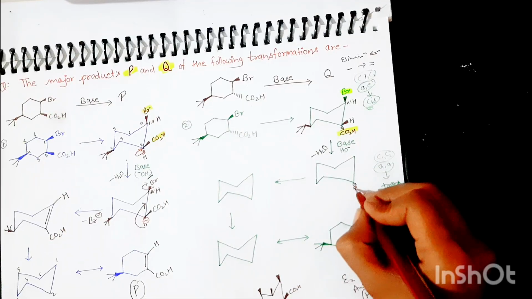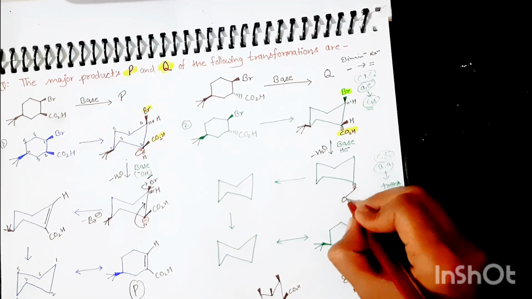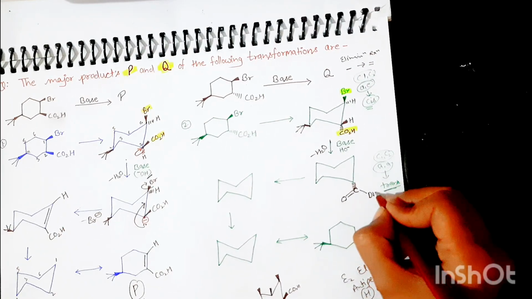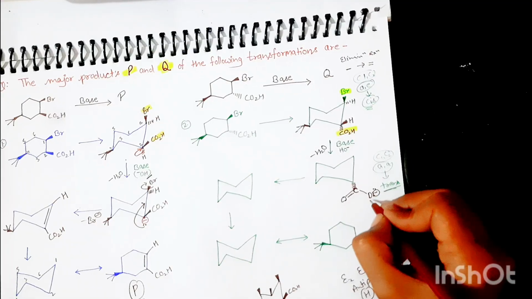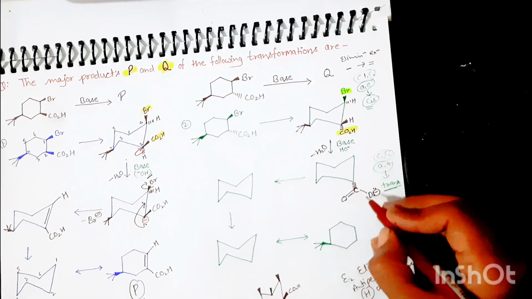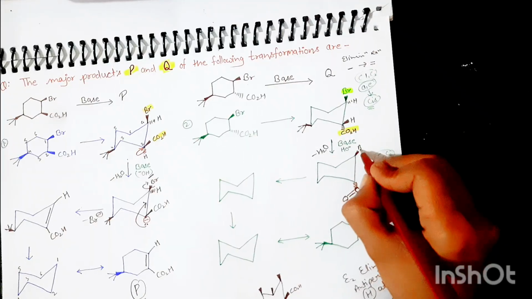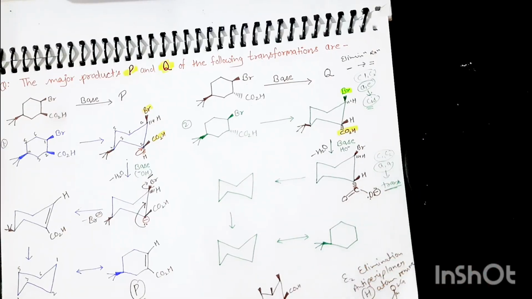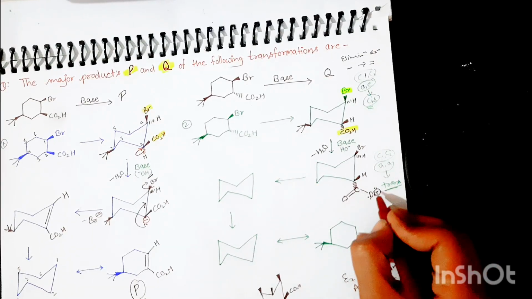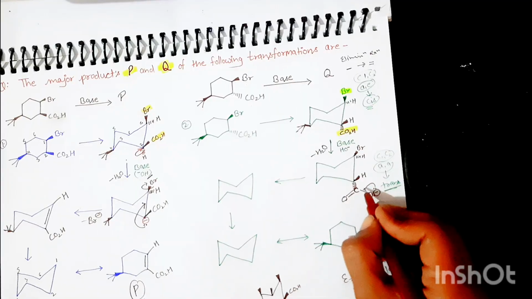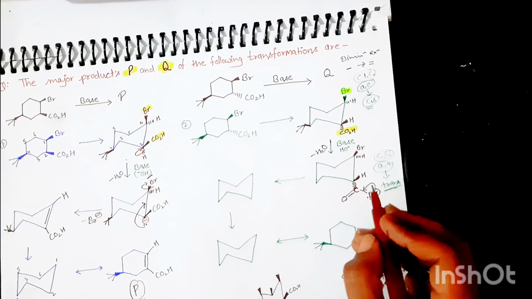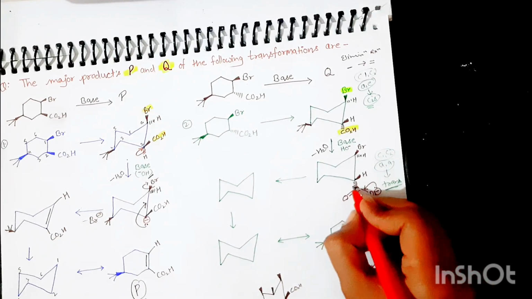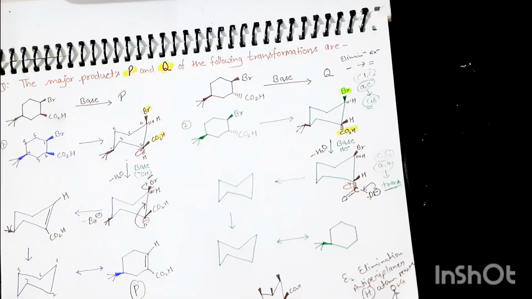If we open this structure, here Br, here at the equatorial position hydrogen, and here also at the wedge position one hydrogen is present. So in this condition, this electron pair goes here and the carbon-carbon bond electrons shift here.